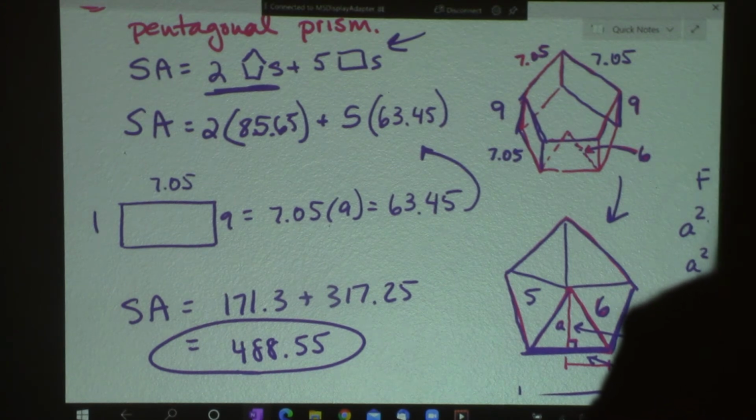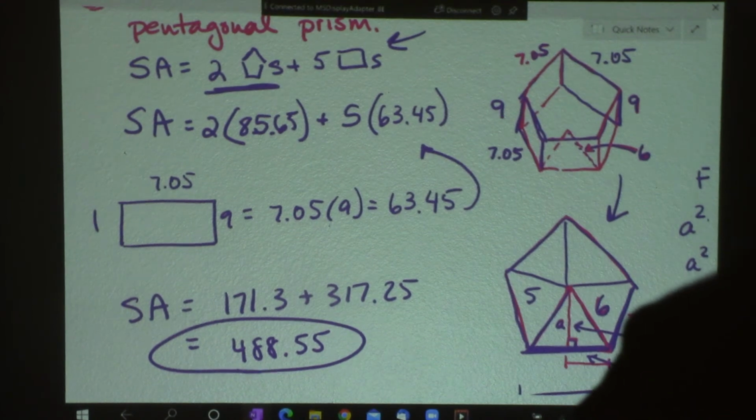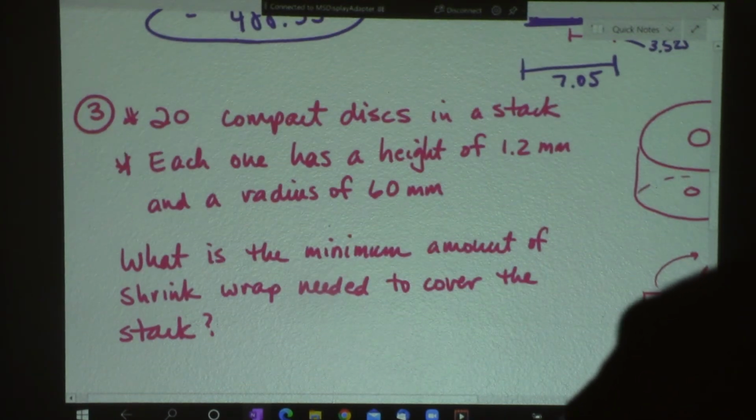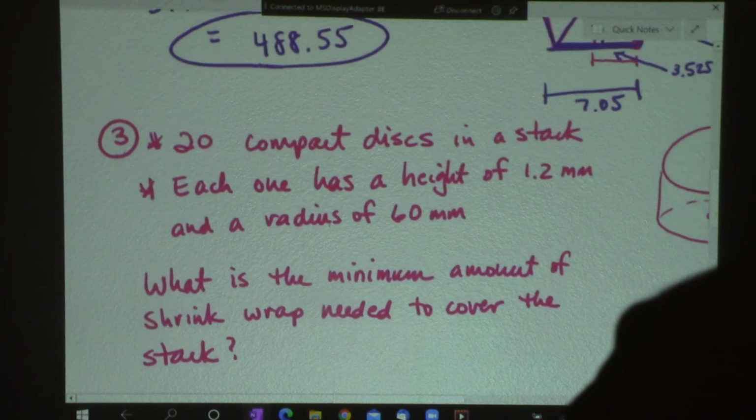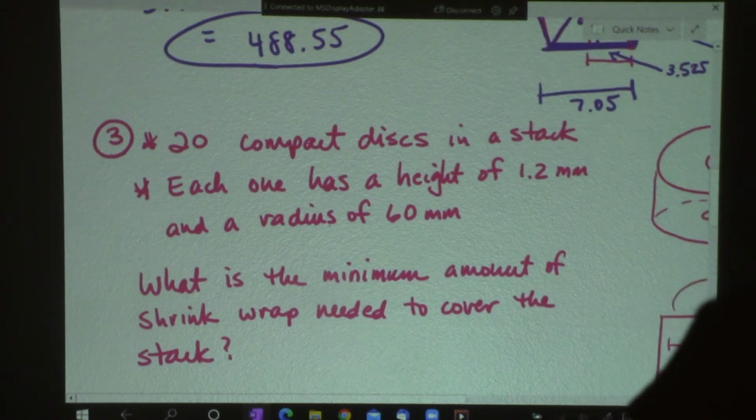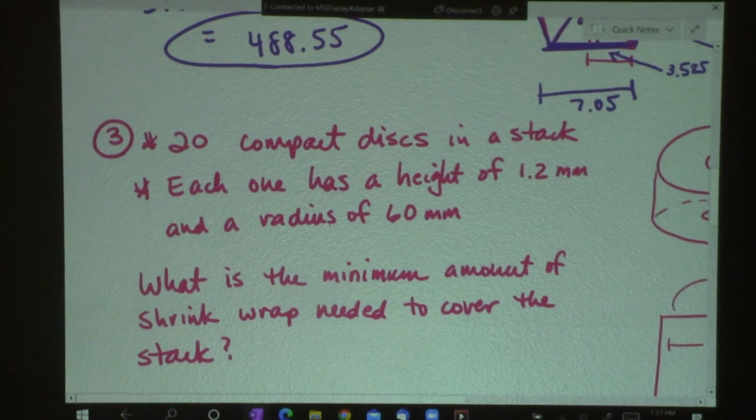I need to speak fast, and I'm sorry about that. But hopefully rewinding and pausing will help you to understand and keep up. Okay, number 3, I already wrote down the important facts, so I'll read it out loud. You're wrapping a stack of 20 compact discs using a shrink wrap.